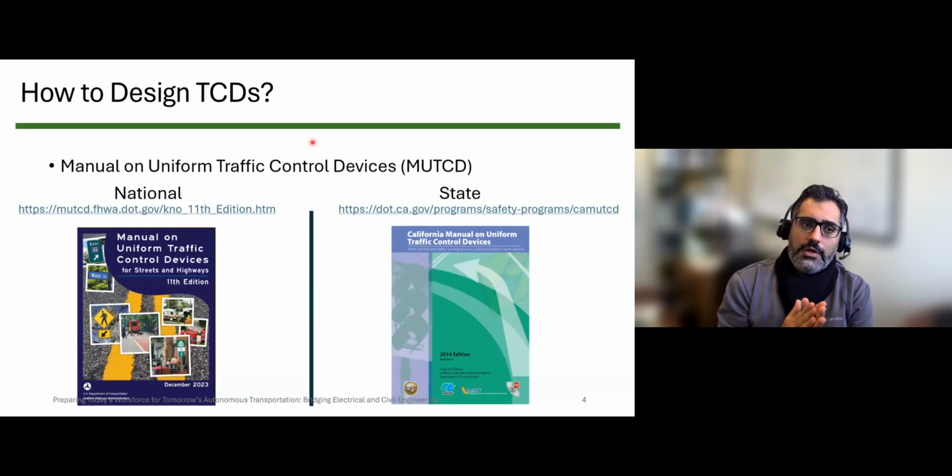Like if you are in an area with a lot of snow or fog or wildfires, then those states may design additional TCDs to address those specific conditions. For the purpose of this lecture, I will be only focused on the national MUTCD, and I suggest everyone to download it and actually look at different sections of this manual.